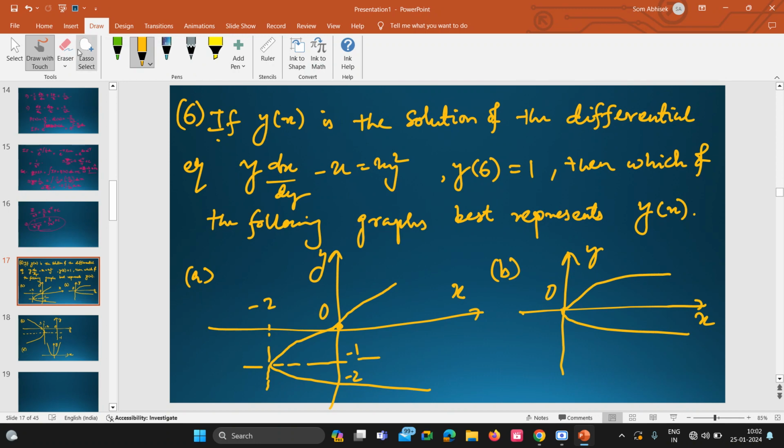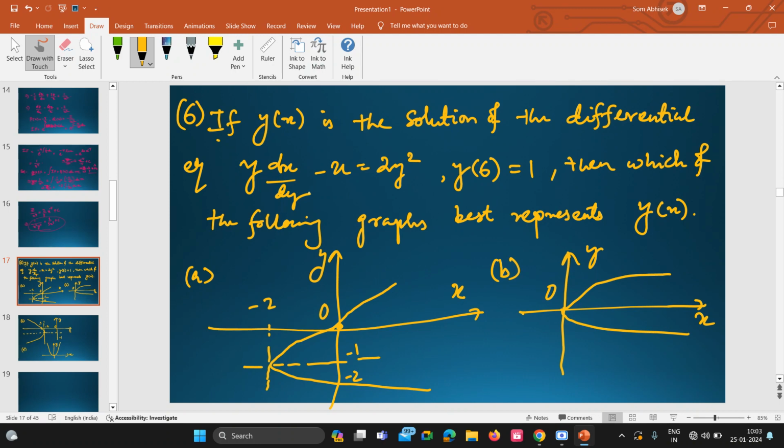Oh my god, what have I written? I don't know. y of 6 is equal to 1, then which of the following graphs best represents y of x?